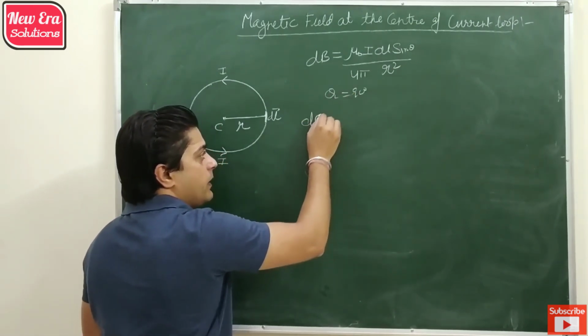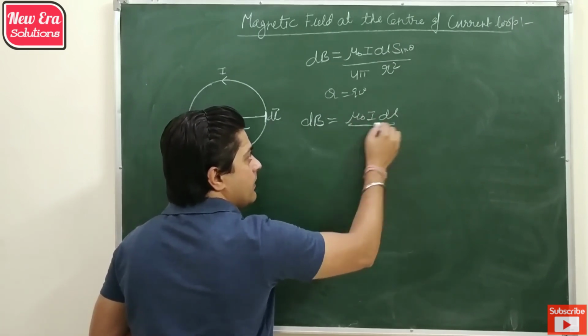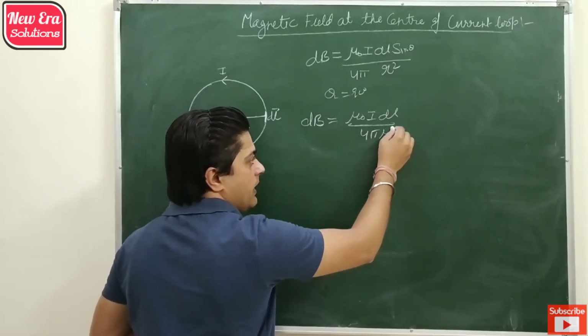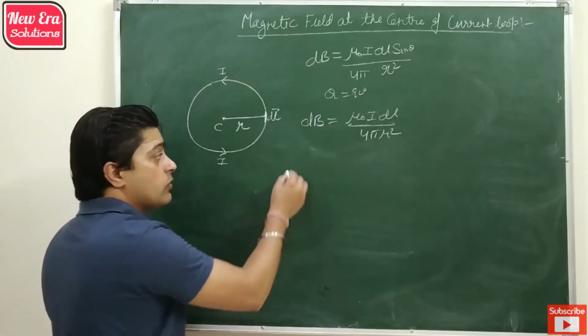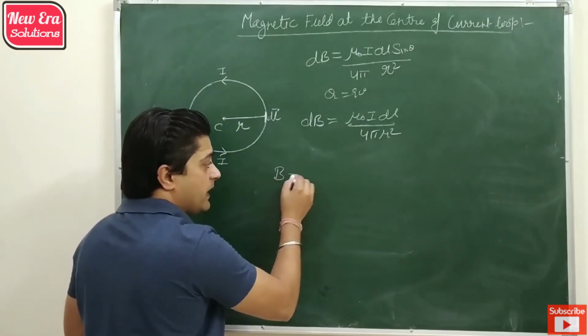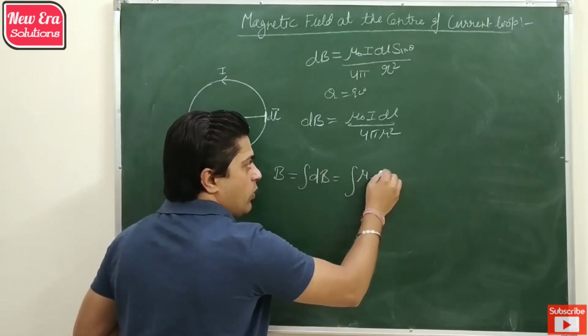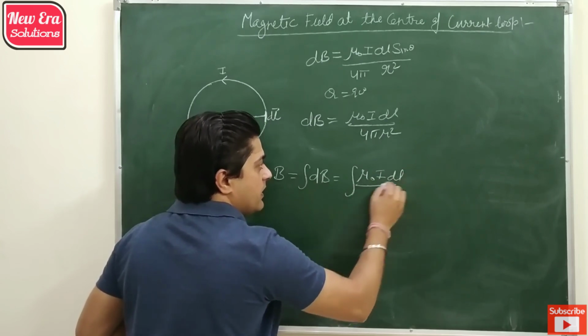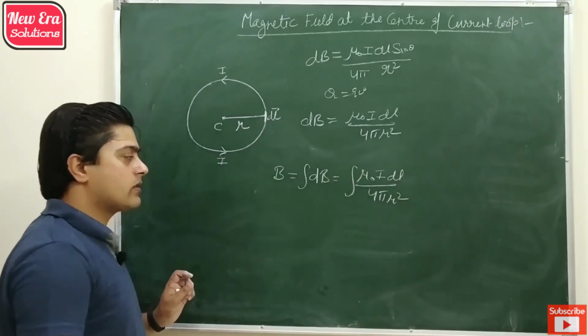So we get dB is equal to mu naught I dl by 4 pi r square. So this is the magnetic field due to this small segment. So the total magnetic field can be obtained by integrating this small magnetic field within proper limits. So I is constant, r is constant.